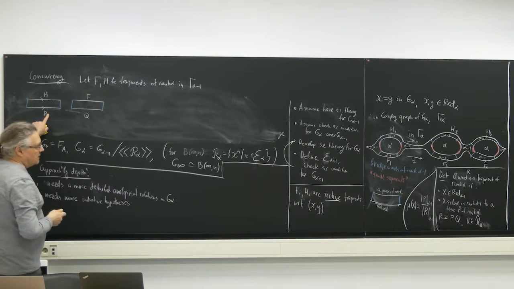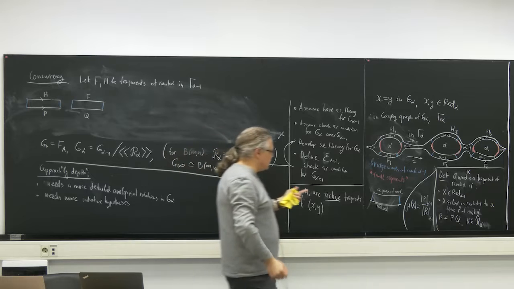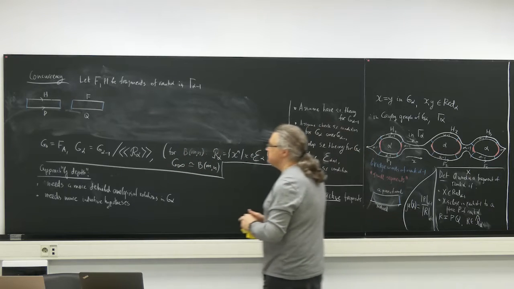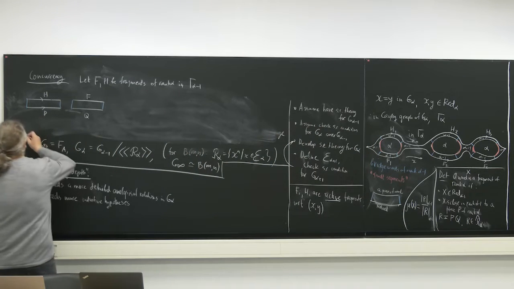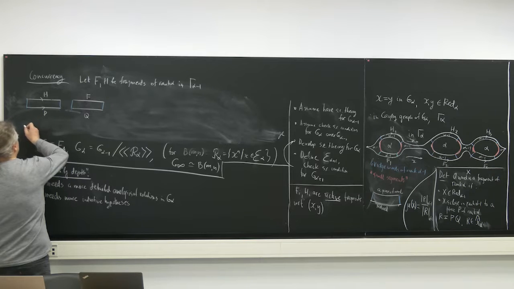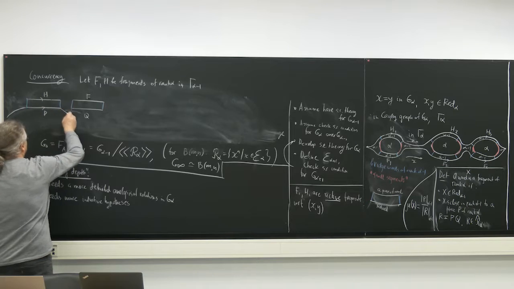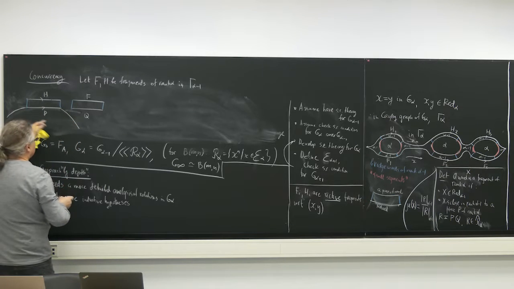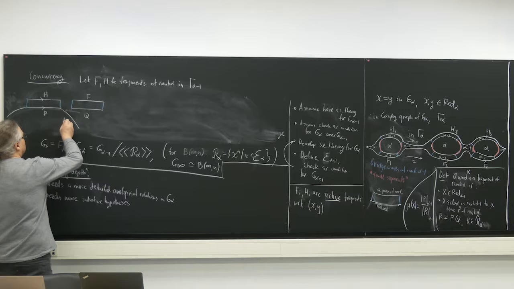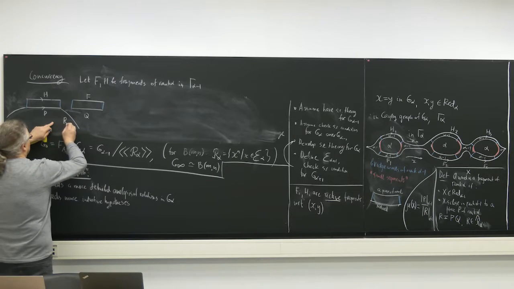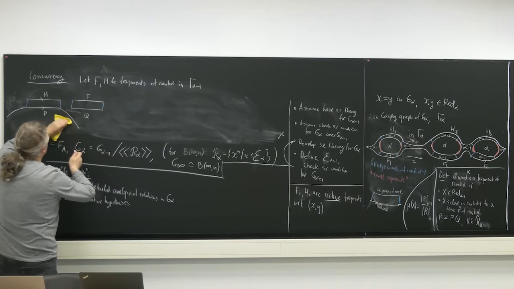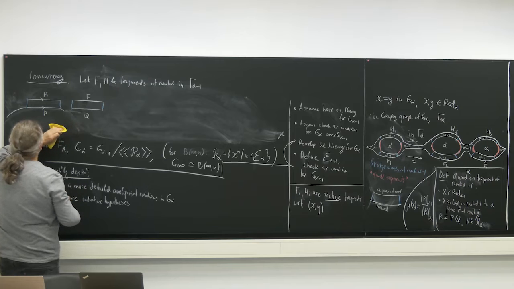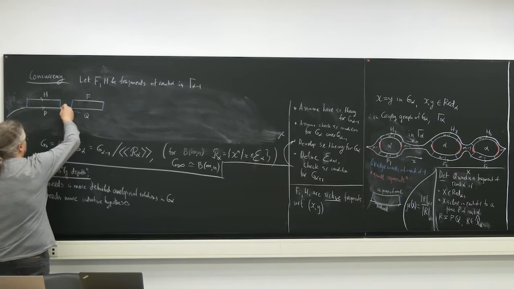And what is P? P is a piece, which means that it's a subword of a relator. We consider an infinite line labeled by R. So P is a subword of R1 to the infinity. My picture is not very good.